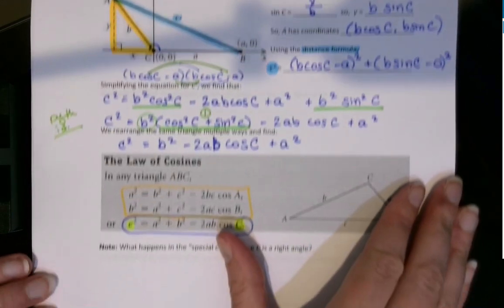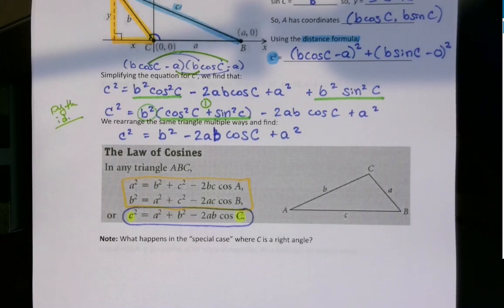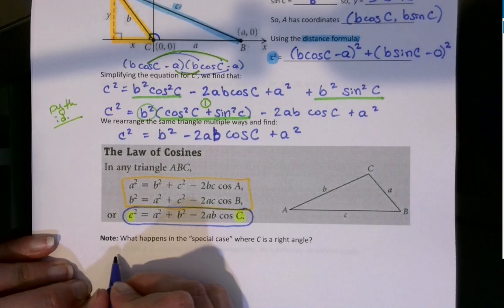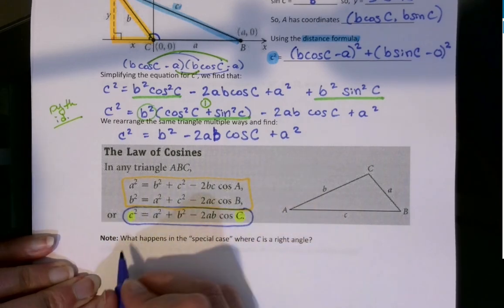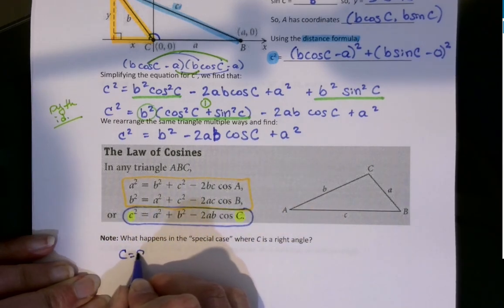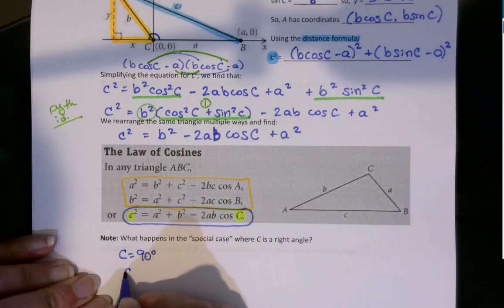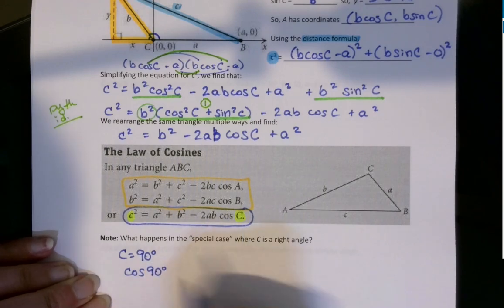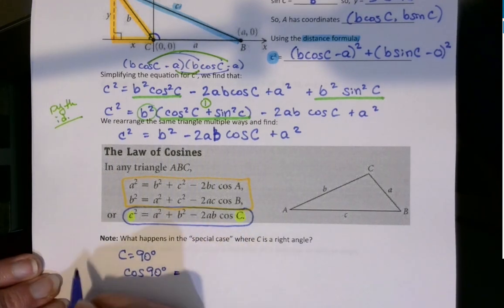All right, on the bottom here, let's notice what happens in the special case where C is the right angle. So in this bottom row right here, if C is a right angle, 90 degrees, then we would be evaluating the cosine of 90 degrees there. And the cosine of 90 degrees is right here.